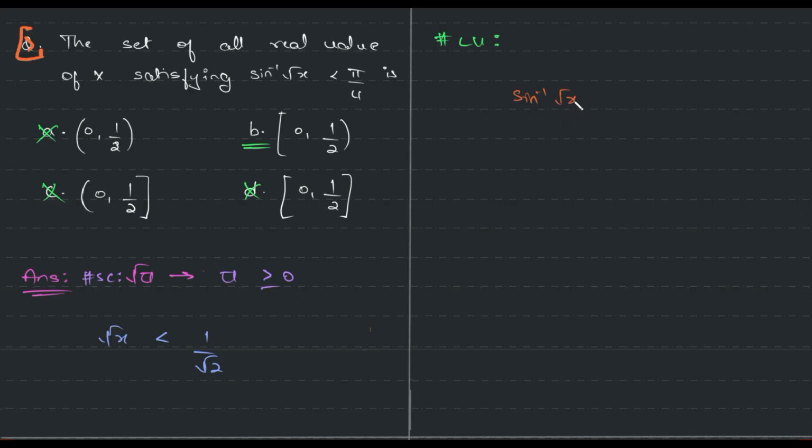But here the extra condition is that it has to be less than pi by 4. Then we have a root of x, which makes it a value that should be greater than or equal to 0. So basically x should be greater than or equal to 0.